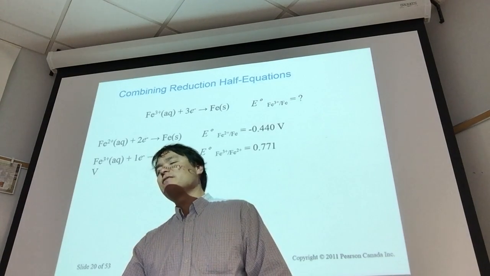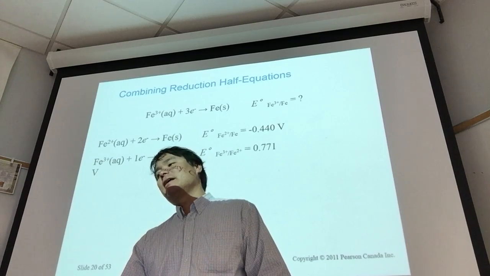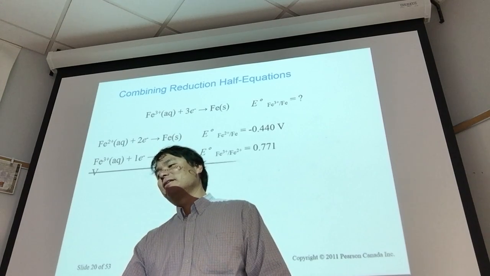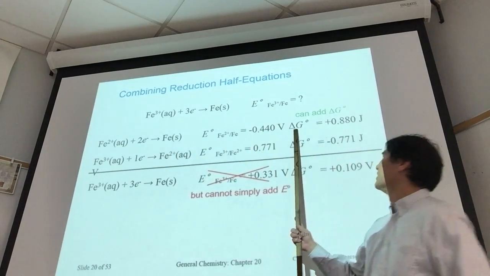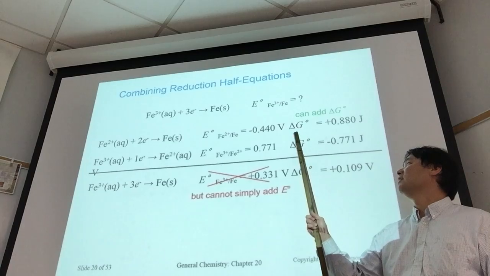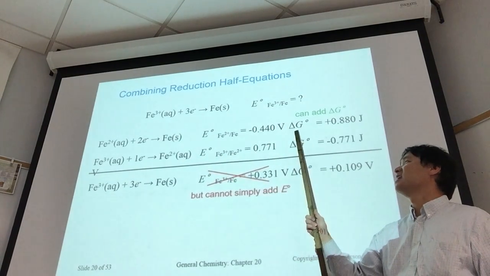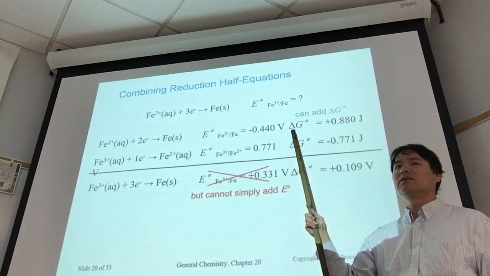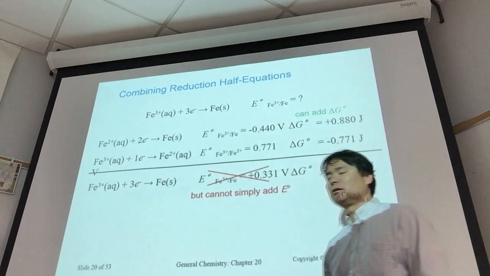These half reactions have to be determined. We can't use that equation to calculate this. This is delta G for the reaction. This is not a reaction. This is a half reaction. And so we get this a different way, using Hess's law.